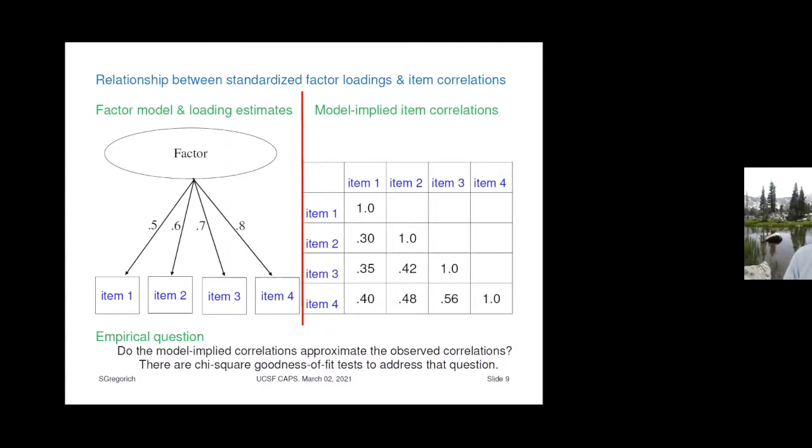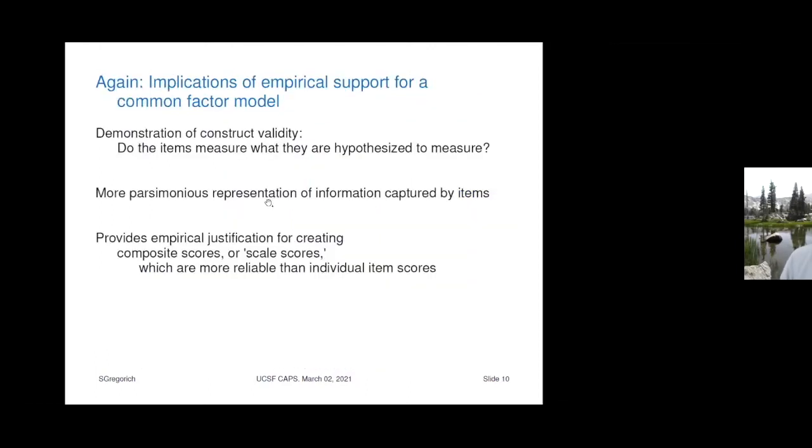In this case, a significant chi-square suggests a significant lack of fit. So what you're looking for, if you're doing that kind of testing, is a non-significant chi-square.